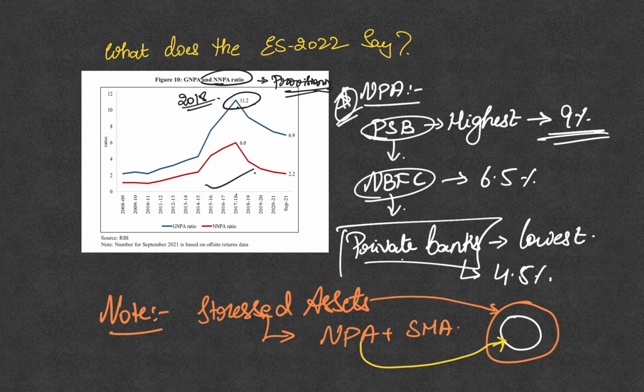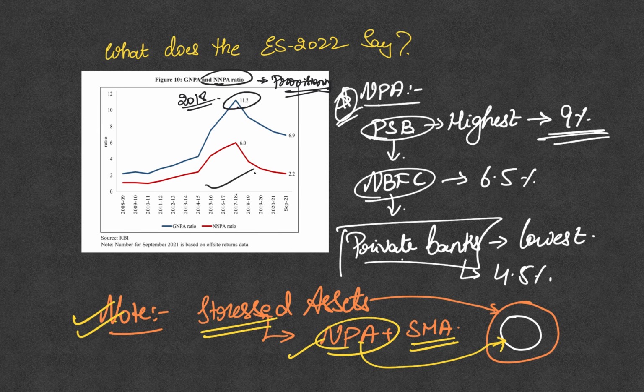Another important observation is regarding the stressed assets. Now, you know that stress is something that is abnormal. In a normal situation, if everything is going well, then it is called a standard asset. A stressed asset is something additional beyond NPAs. When we were discussing the definition of NPAs, we talked about special mention accounts, that is between day 0 to day 90 from the due date.